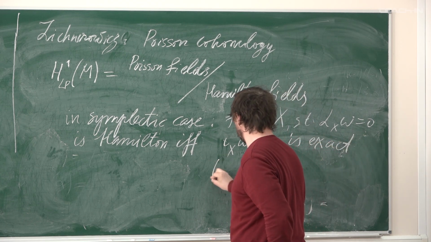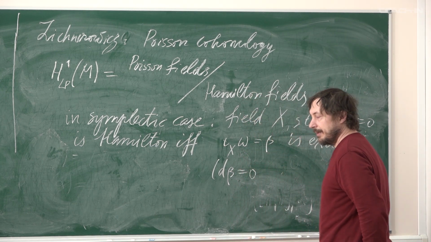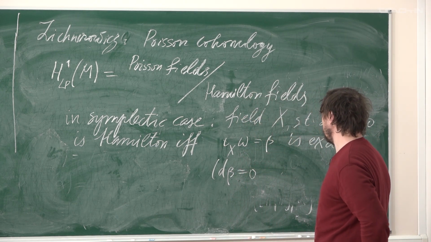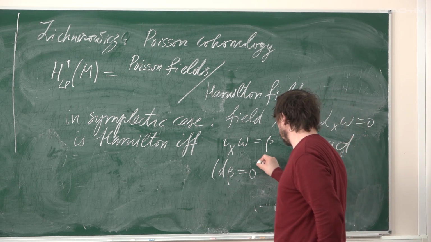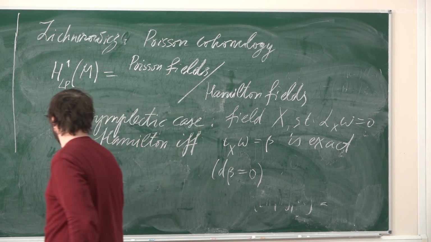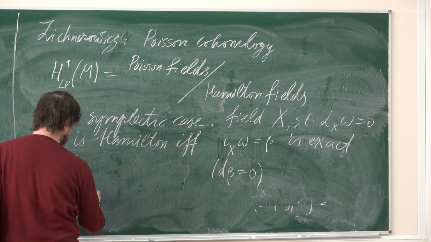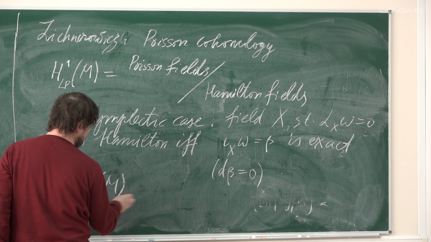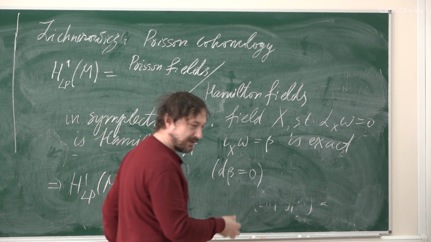You remember that d beta is always equal to 0 in that case, but it might not be exact. So we see that, in fact, in that case, H1 LP of M is actually measured by the following space.